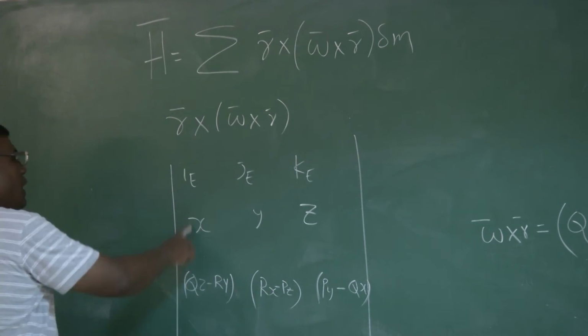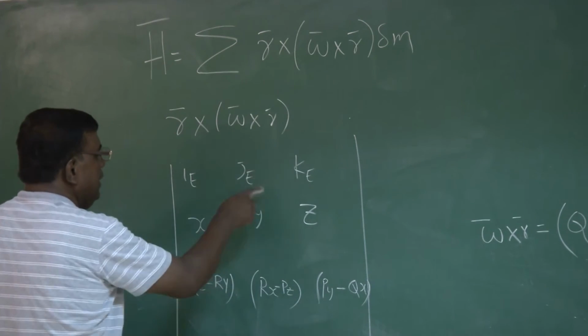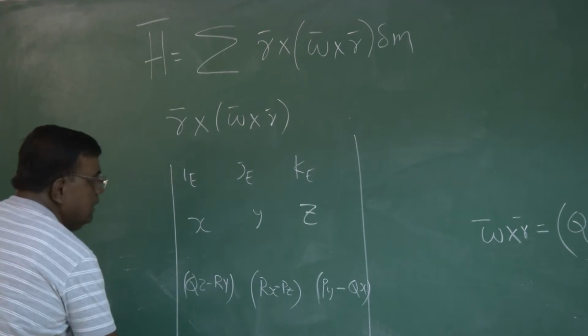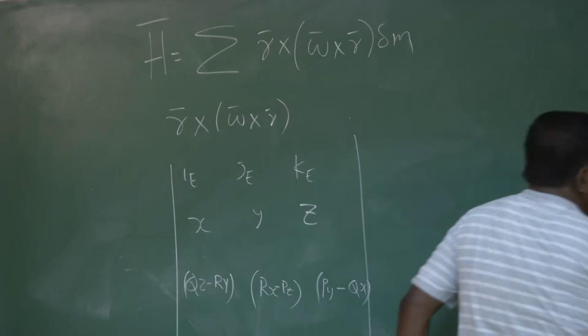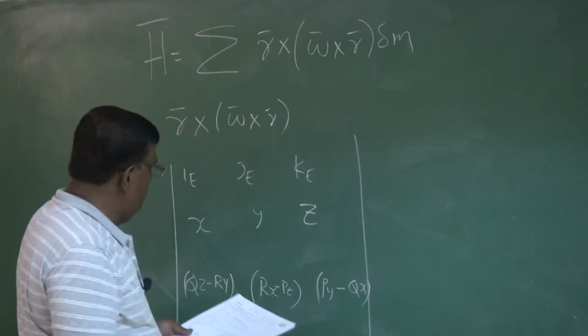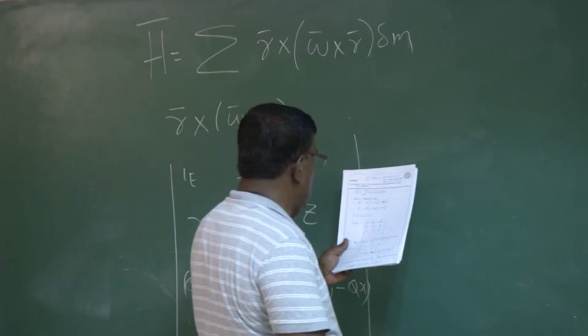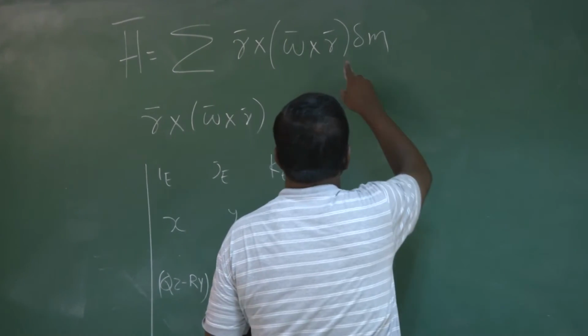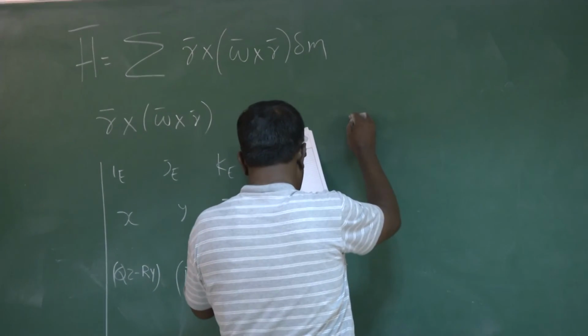Again, mechanically you do Ie into this, this minus this. So you will get simply this vector multiplication.